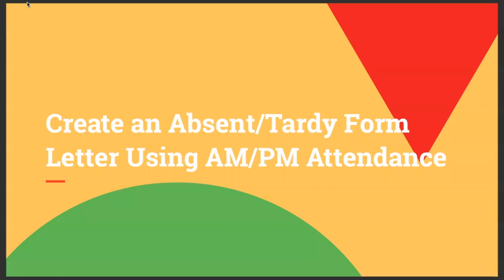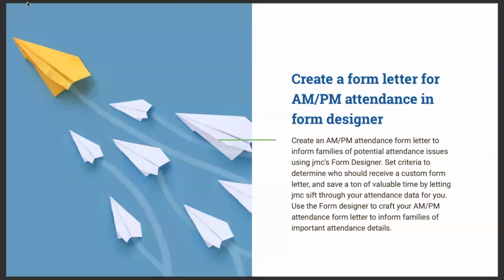So I think we were looking at the attendance. There's a slight difference for AM, PM attendance versus period attendance. Most everything is going to work almost identically. It's just a matter of choosing the correct attendance item. So when we are choosing attendance items, we want to pay close attention to what style of attendance we do.